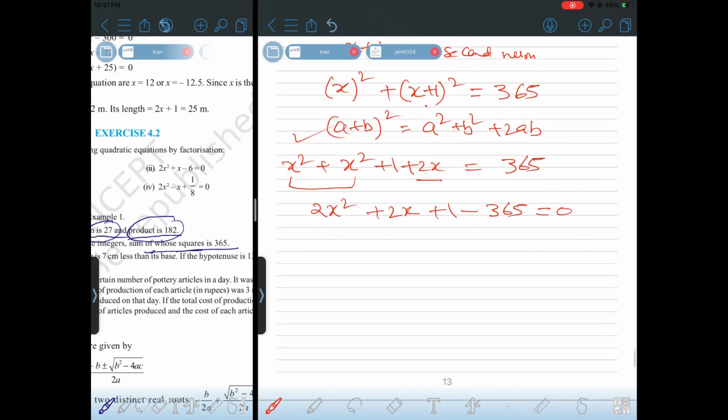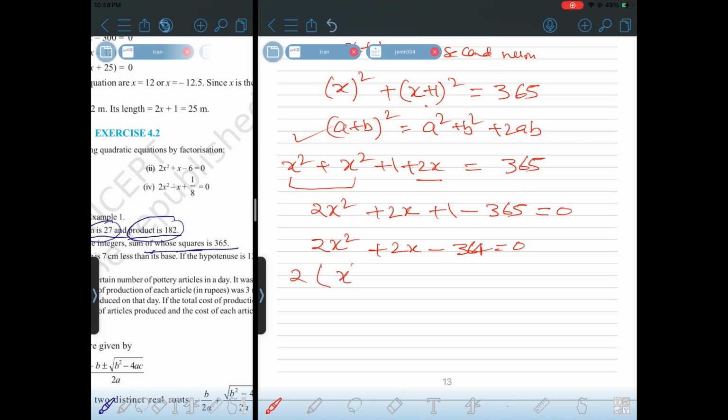Now we can solve this further: 2x square plus 2x minus 364 is equal to 0. Every term is a multiple of 2, so to simplify we can take 2 as common.